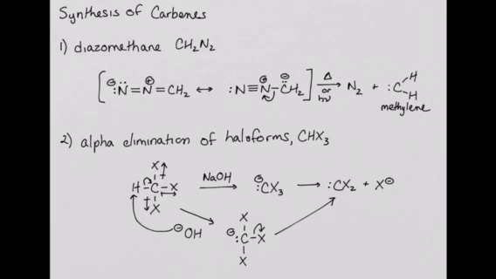Next, we will look at some example reactions of carbenes with alkenes. First, let's look at what occurs when we treat this alkene with diazomethane. What we get as a product is the 6-membered ring fused to the cyclopropane. Now let's look at the mechanism.